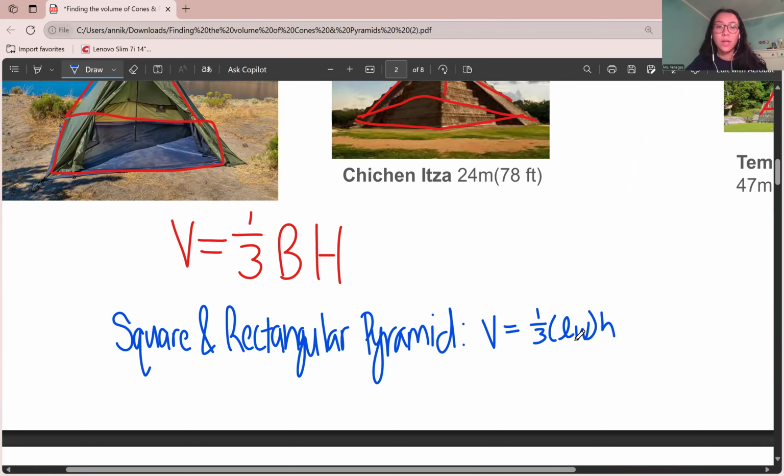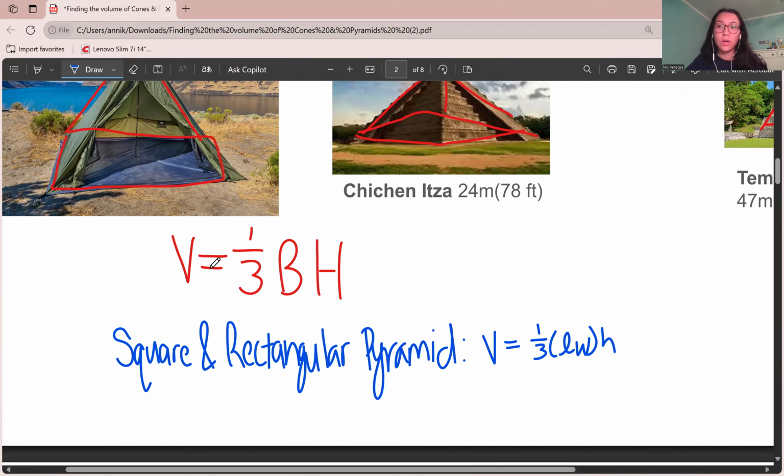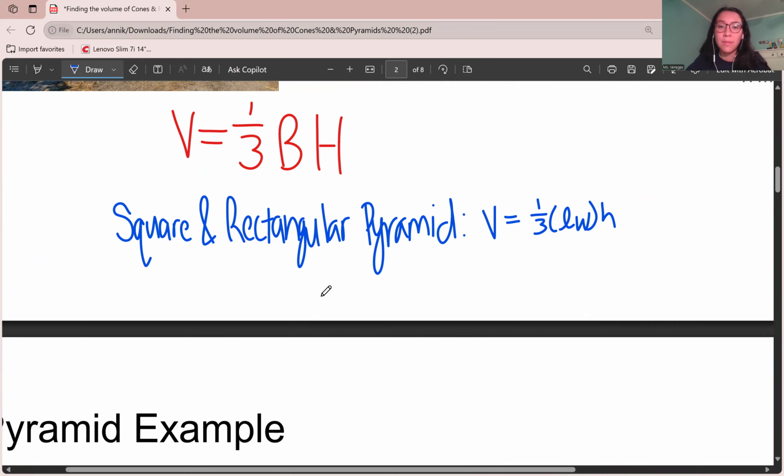As long as you know volume equals 1/3 base times height, you should be able to derive what formula to use for any pyramid with any size base. But again, we'll go with an example.